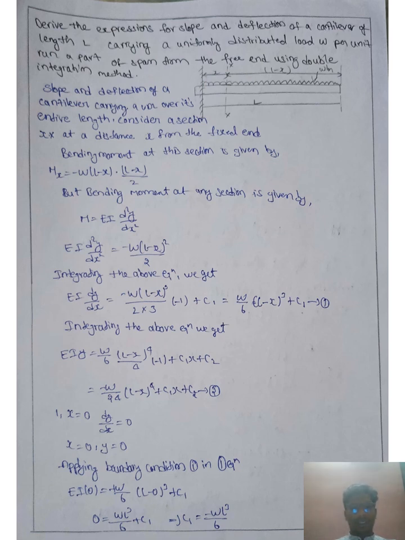The bending moment at the section is given by M x equals minus W into (L minus x) into (L minus x) by 2.